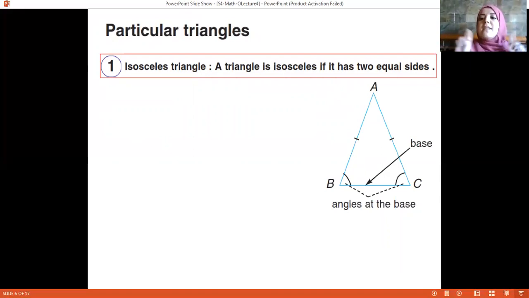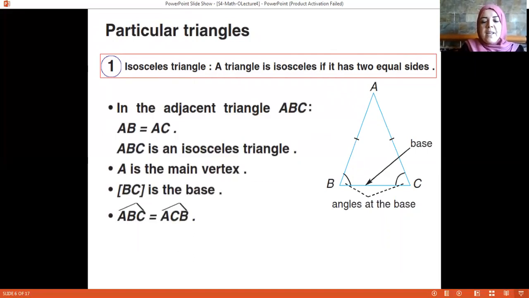Both of them satisfy the isosceles triangle. So AB is equal to AC, ABC is an isosceles triangle, A is the main vertex, BC is the base, and angle ABC equals angle ACB.